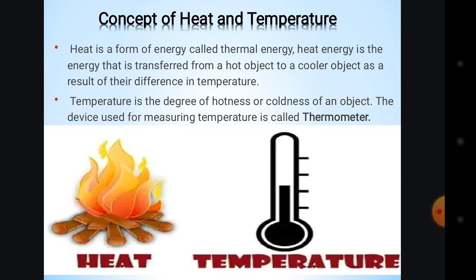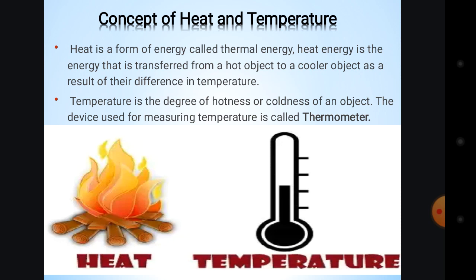Normally, heat is a form of energy. It is not just for the heating or for the fire. No, heat is a form of energy, and that energy is called thermal energy.